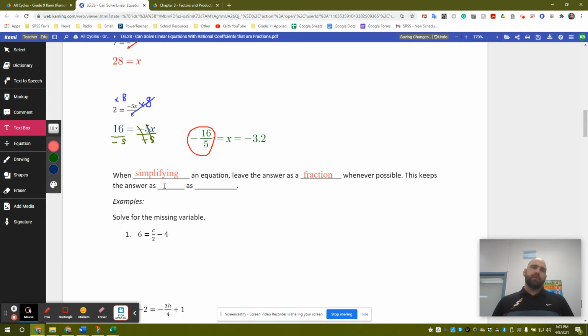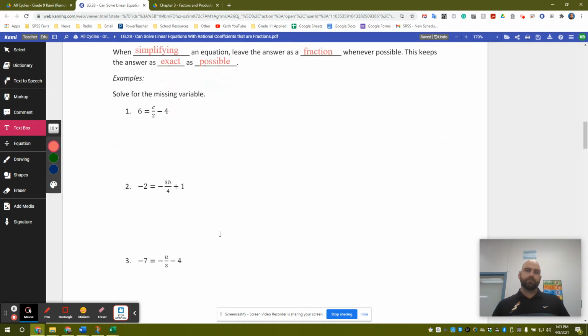As I mentioned, this keeps the answer as exact as possible. And now I know you may not enjoy fractions a whole lot, not everybody does, but fractions are way more accurate than decimals, especially when we're having to round our decimals. If we don't have to round, that's okay. If we need to round, keep it as a fraction. And you can just always keep it as a fraction as well.